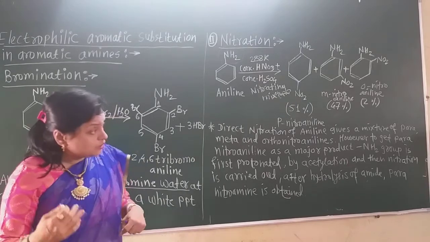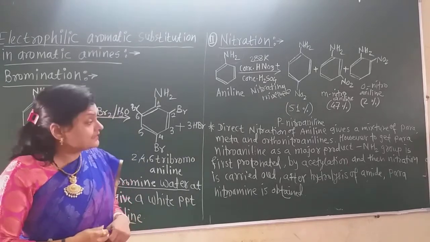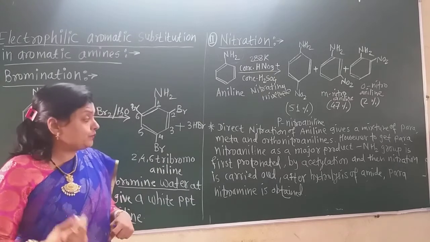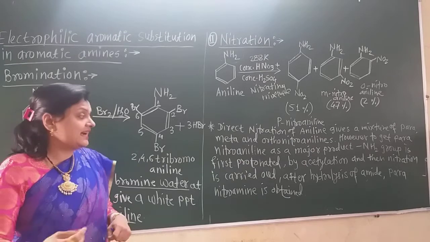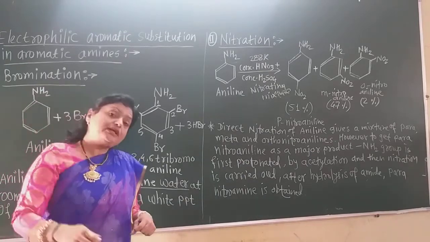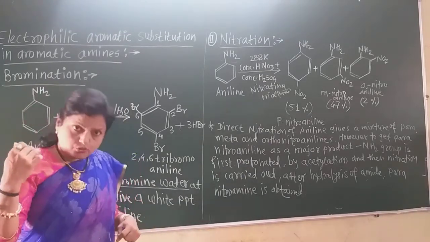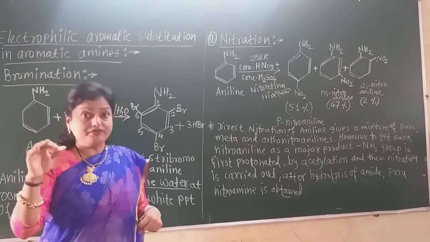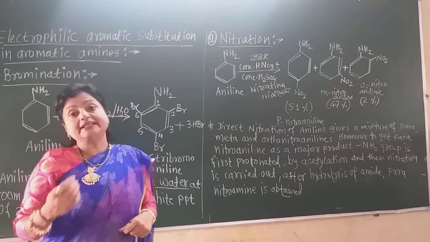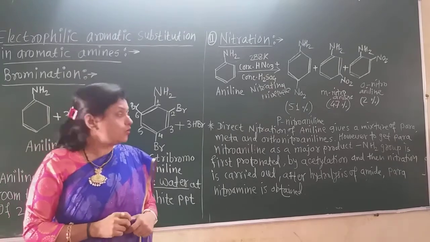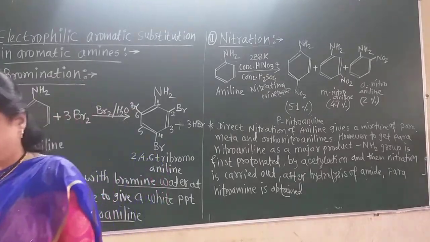However, to get para-nitroaniline as the major product, the NH2 group is first protected by acetylation and then nitration is carried out. After hydrolysis of the amide obtained by the acetylation, we obtain para-nitroaniline as the major product. How is it obtained? Let us see.